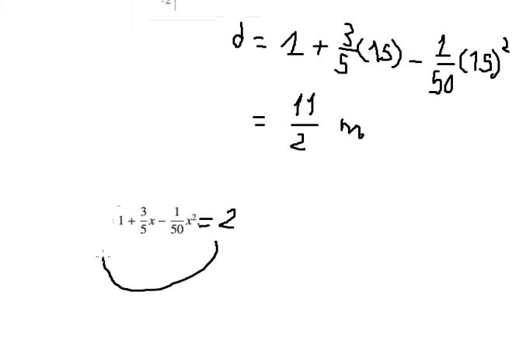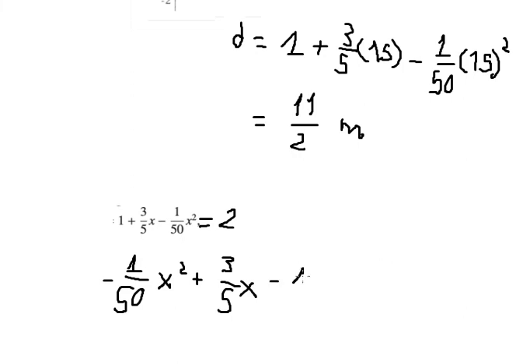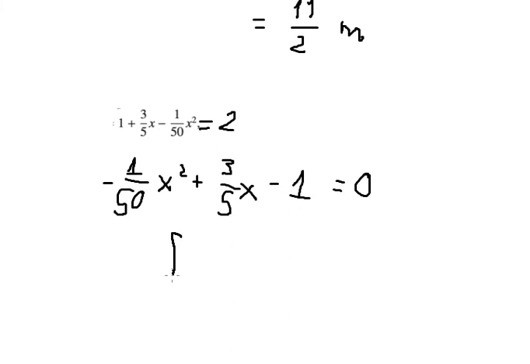So we put 2 to the left, and we have 1 minus 2, we have negative 1. And now we find the solution of S. So we have two solutions.